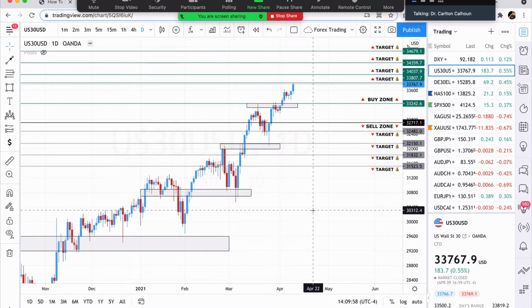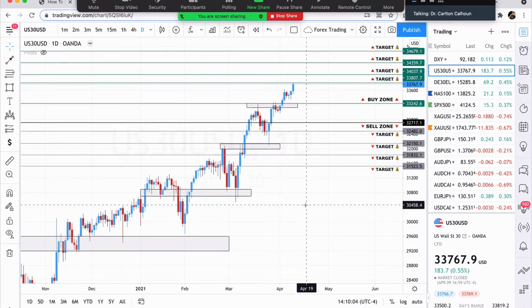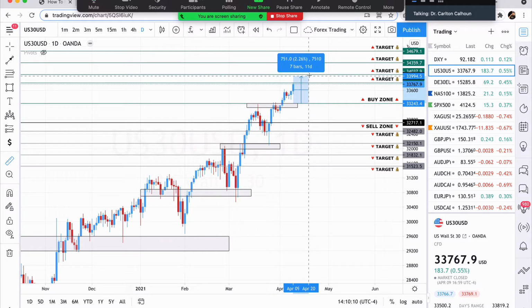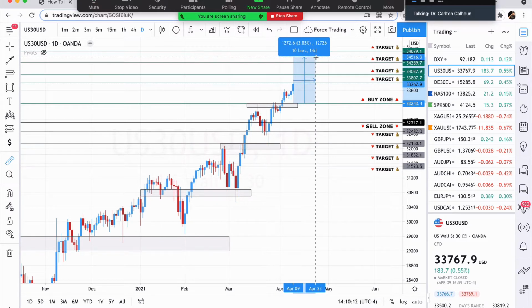So we use that same framework, that same technique. We take the ruler, we go from this zone, mark it up to about 1,200 pips, give or take. So I anticipate the US 30 following the same pattern it generally always follows.